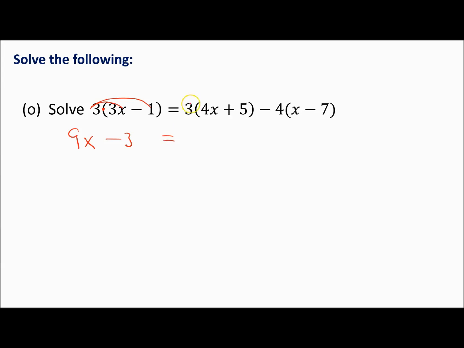Then on the other side, 3 times 4x is 12x. And then 3 times a positive 5 is plus 15. And then I have negative 4 times x is negative 4x. And then negative 4 times negative 7 is plus 28. Now again, if you're still getting hung up on the fact that that's a minus 4, it's not a negative 4, you're right.